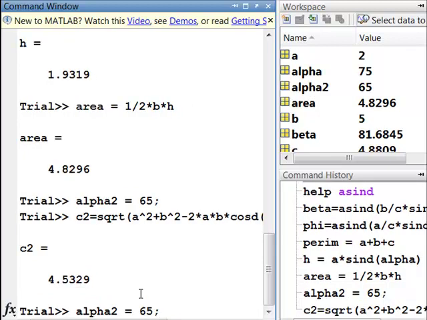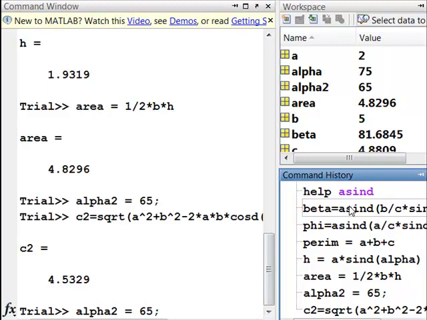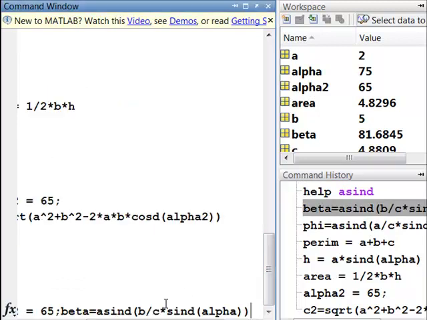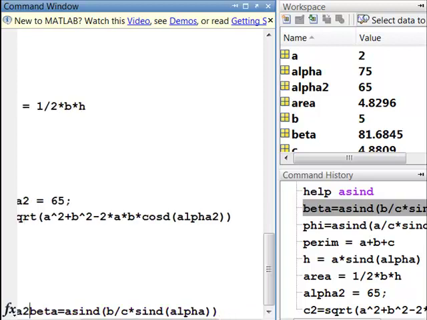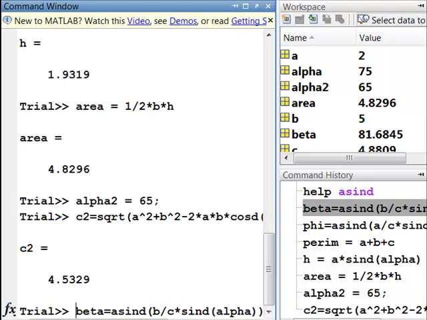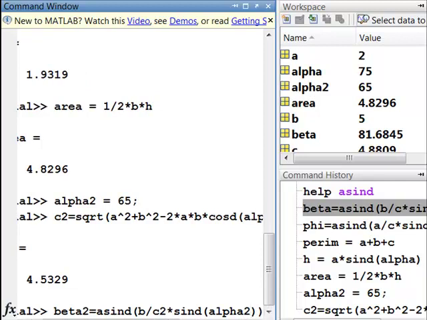Then the next thing was to calculate those angles, so beta. Oops, let's get rid of this bit here. We'll call this beta 2 is asind of B over C2 times sind of alpha 2.